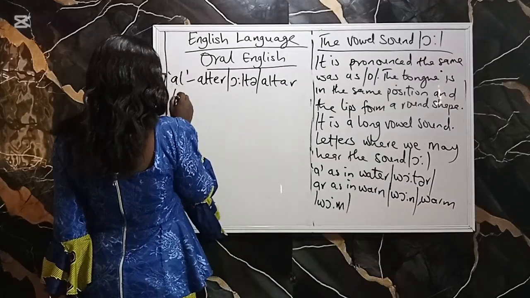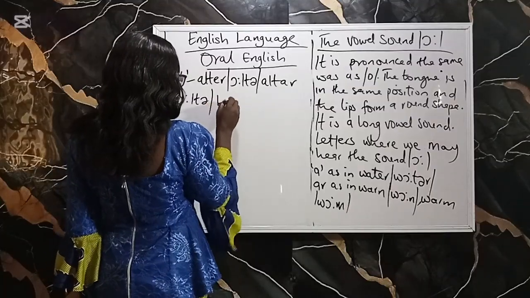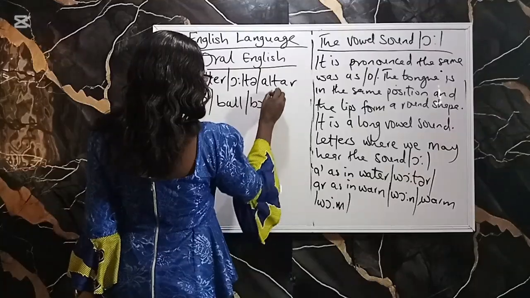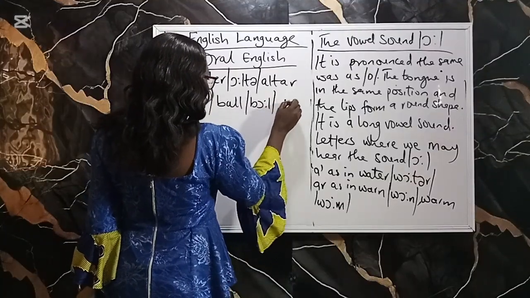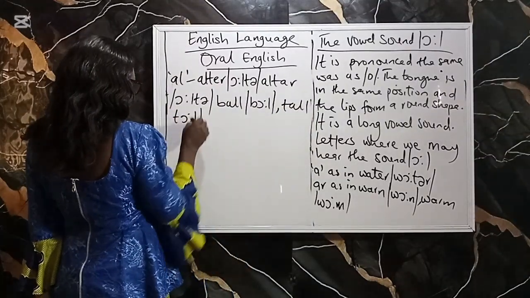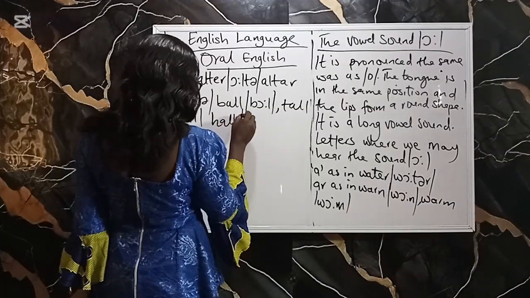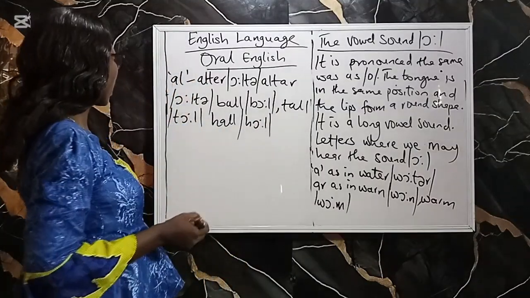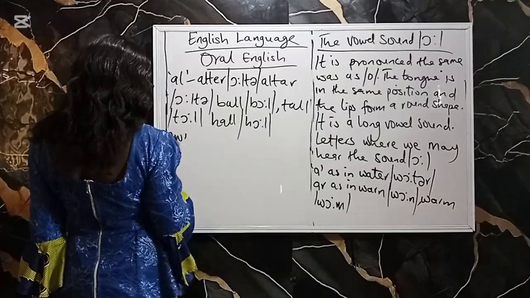So it's pronounced the same way. We have ball. Ball. Oh, one L. Don't put double L there. And we have tall. We also put one L. Hall. Put one L. And so on.